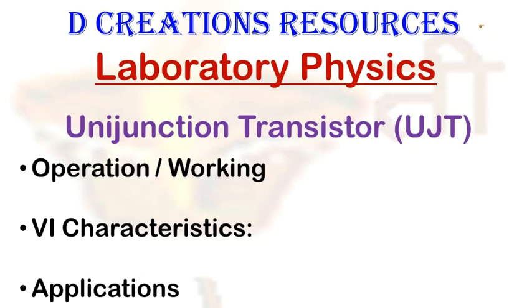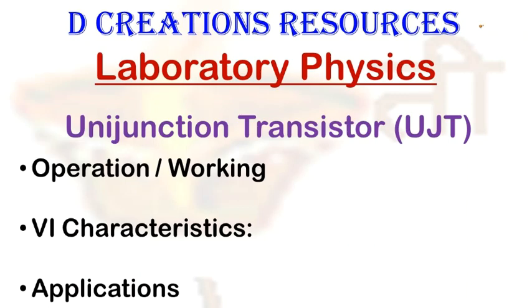Now, what is the negative resistance region? This is the region between the peak point and the valley point. In this region, the emitter voltage decreases from VP to VV and the emitter current increases from IP to IV. The increase in emitter current is due to the decrease in resistance RB1.